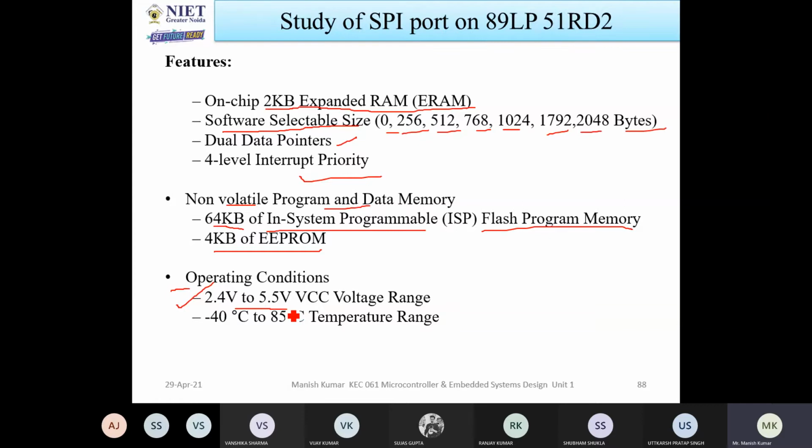If you supply less than 2.4 volt, then it will not function correctly. Okay, and the temperature range is minus 40 degrees centigrade to 85 degrees centigrade. For any ICs, remember that the temperature range is defined in the data sheet.